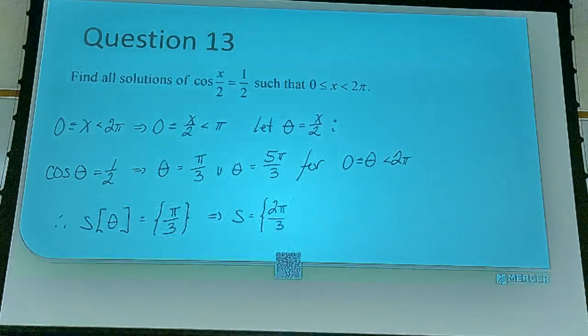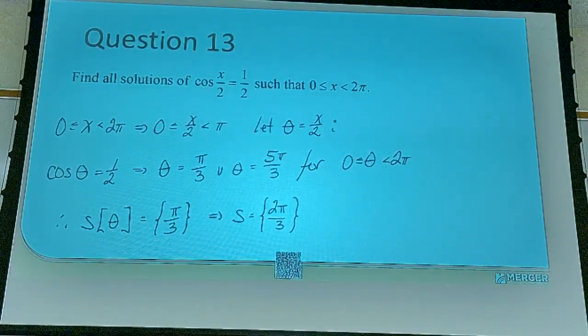Now just multiply that by 2. We only have one solution, 2 pi over 3.